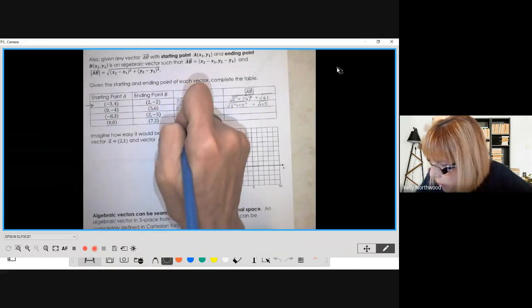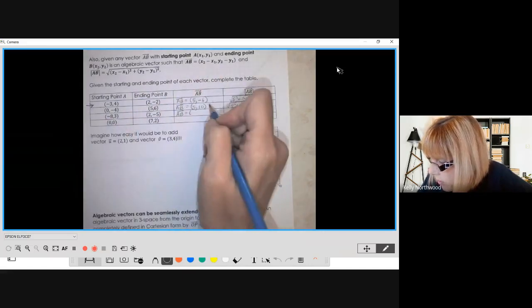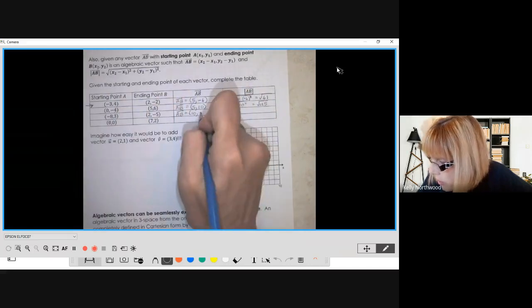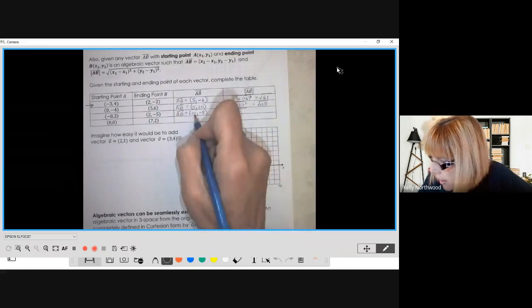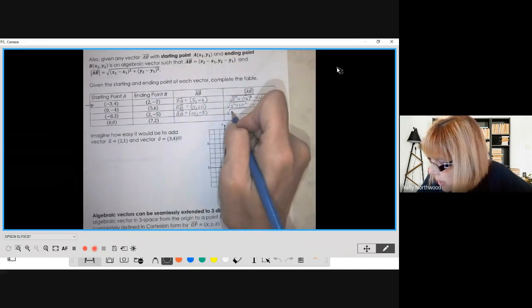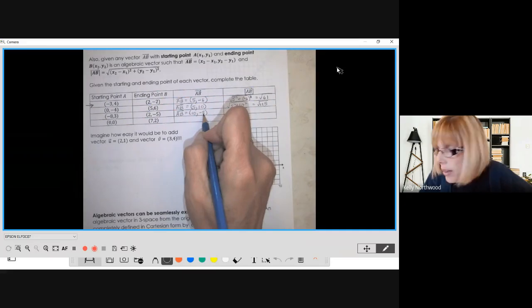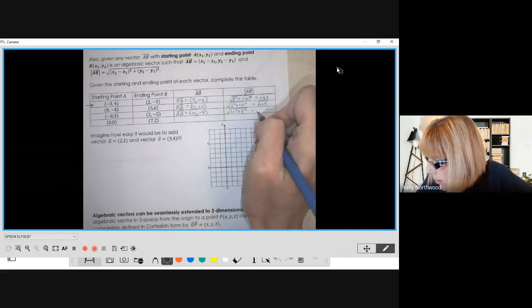So for the third one, algebraic vector AB is going to be 2 subtract -8, which is 10. -5 subtract 3, which is -8. And the magnitude of it is going to be the square root of 10 squared plus, well, I know when I square a negative number, I'm going to get a positive answer, so I could just write 8 squared here.